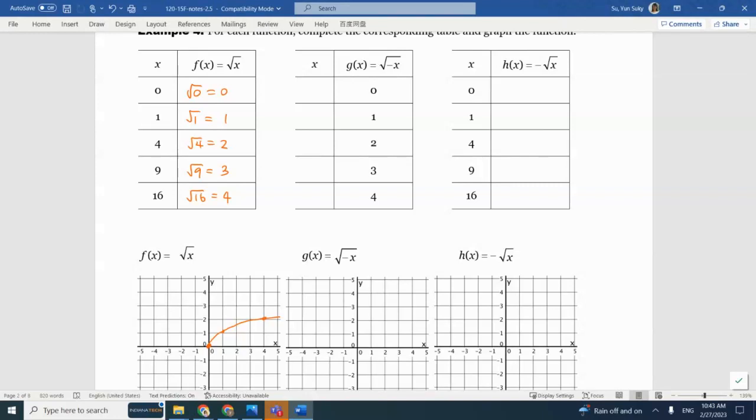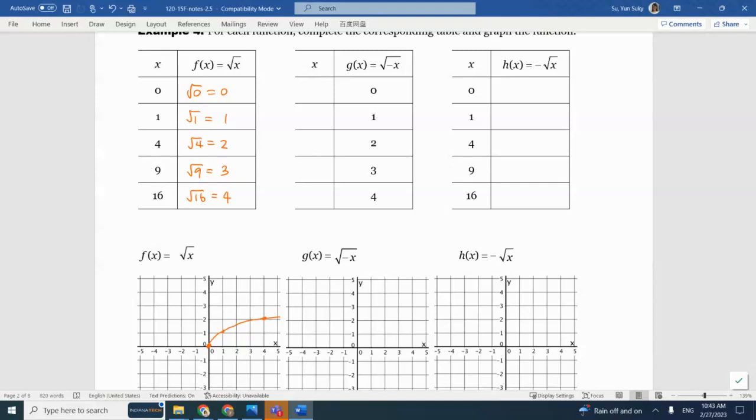Okay, so now look at this one and this one. We have the minus sign in front of x. Here we are changing the x. Compared to this one, we have the minus sign in front of the whole thing.